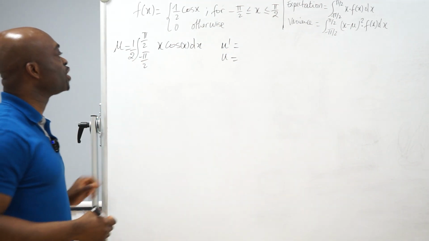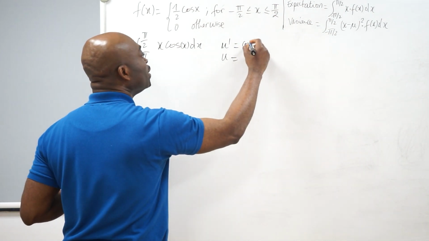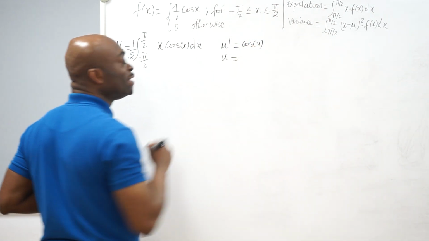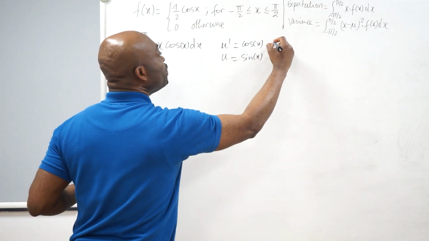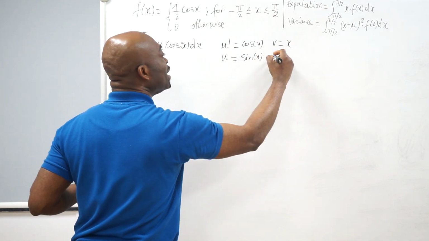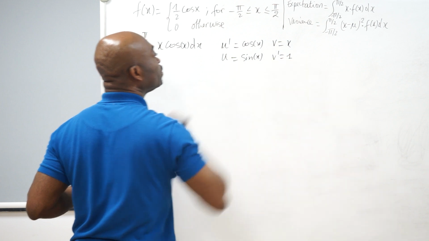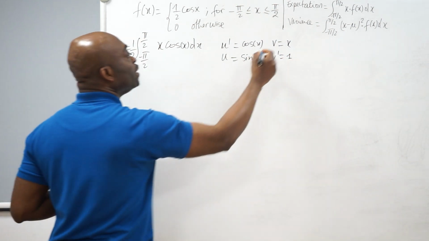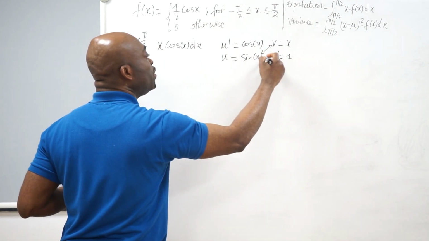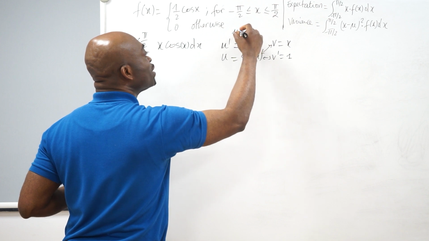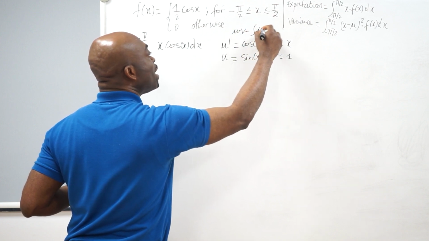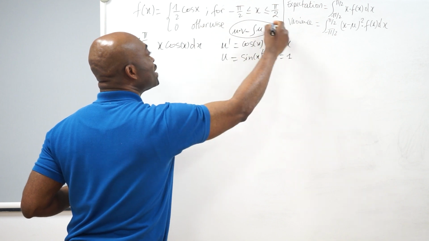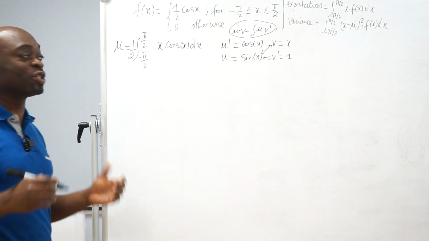The u prime is going to be cosine x, and then the u is going to be sine of x. The v is going to be x, and then the v prime is going to be 1. Then we follow the formula, which is u times v minus the integral of u times v prime. That's the formula for integration by parts.